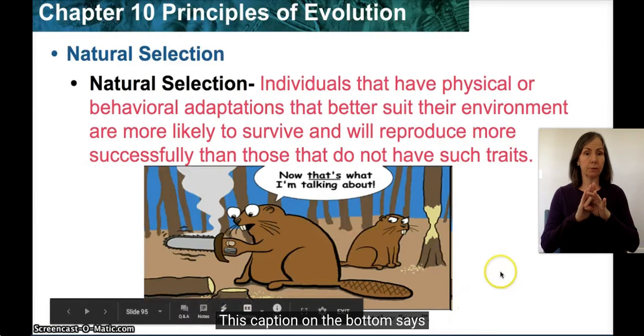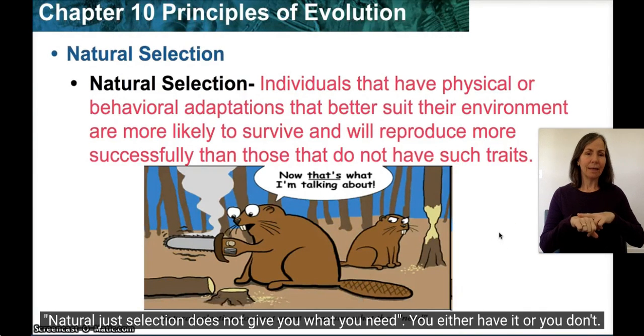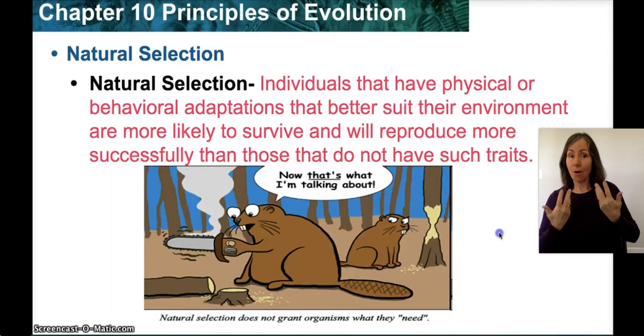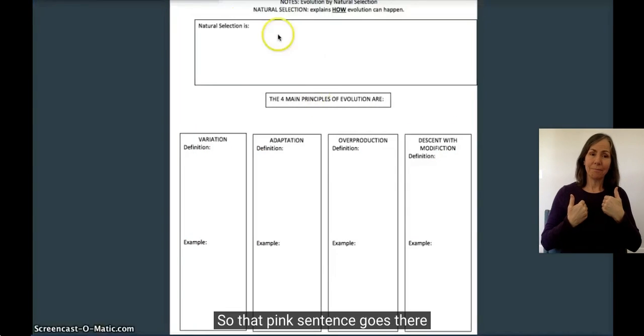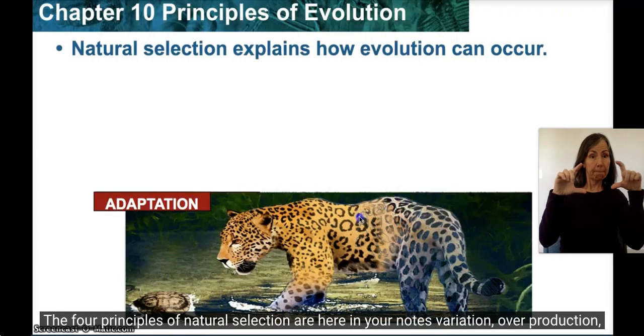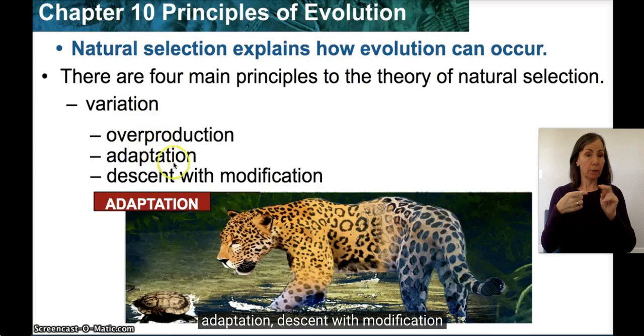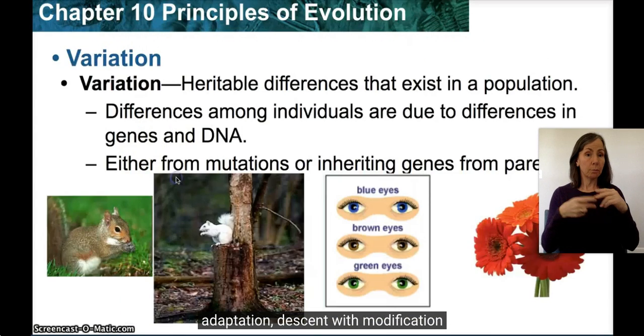This caption on the bottom says, natural selection does not give you what you need. You either have it or you don't. So that pink sentence goes there. The 4 principles of natural selection are here in your notes: variation, overproduction, adaptation, descent with modification.